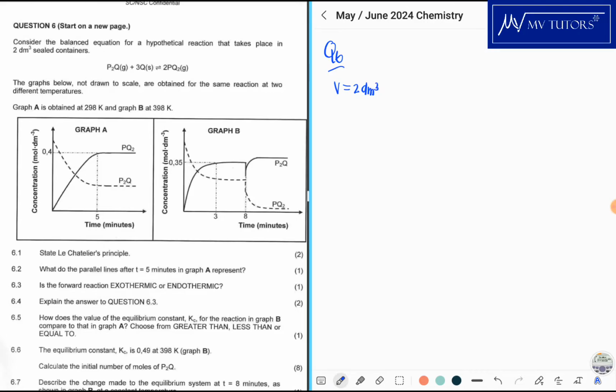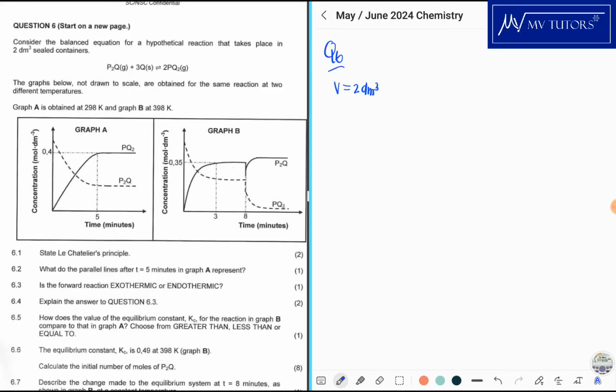We have P2Q in gas form, and then 3Q in solid form, and our product 2PQ2 as a gas. The graphs below, not drawn to scale, are obtained for the same reaction at 2 different temperatures. So we can see graph A is obtained at 298 Kelvin and graph B at 398 Kelvin.